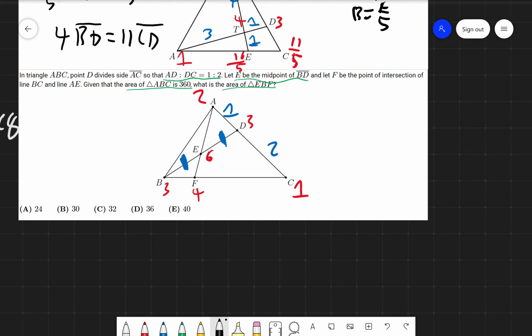So a good thing to write down is that, let's say lowercase b is the base of triangle ABC, and lowercase h is the height of triangle ABC. So now we have bh equals 720, right? So now we can look here and we can look at line AEF, right?